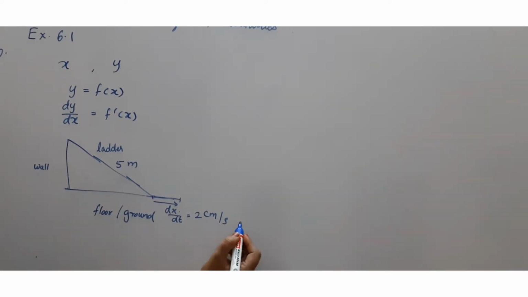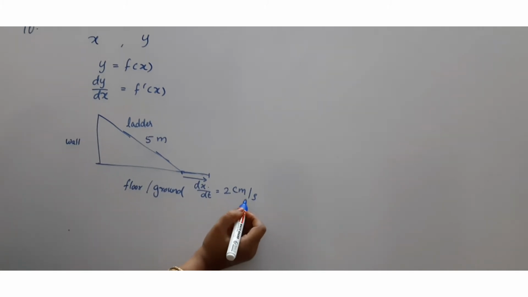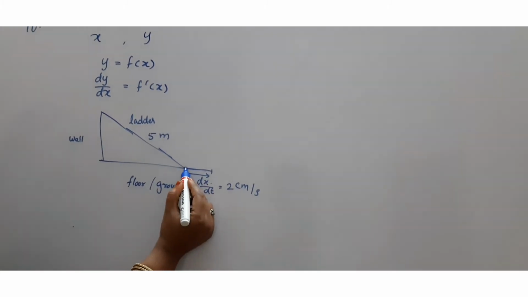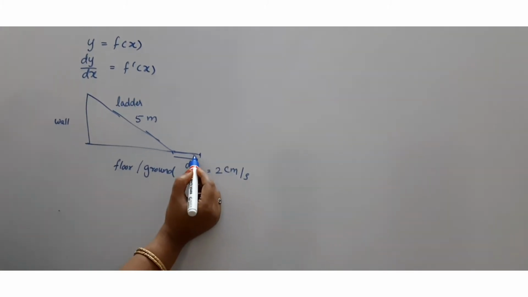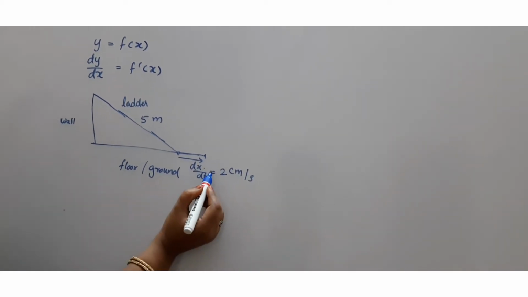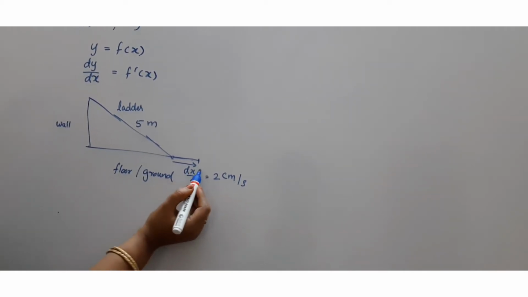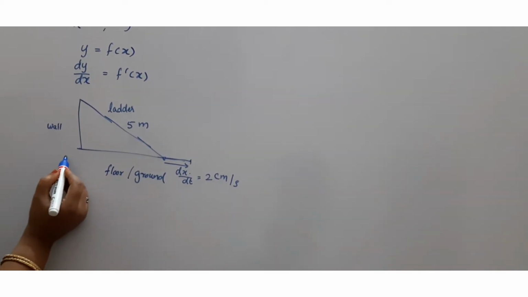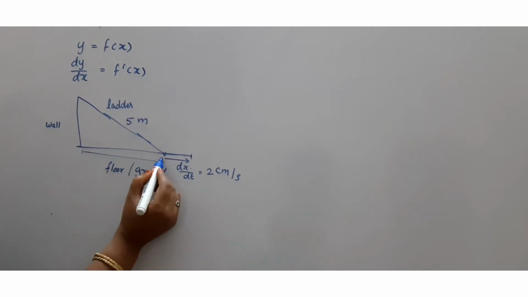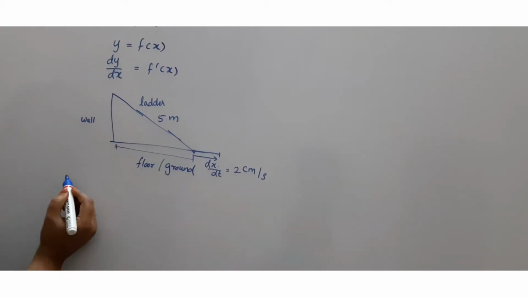So we have two identities, the rate and the unit, from which we can identify that this is not going to be the distance, this is going to be the change of quantity. Change of what quantity? That is the distance of the ladder from the wall. This value of distance is not given. Only the change of distance is given.